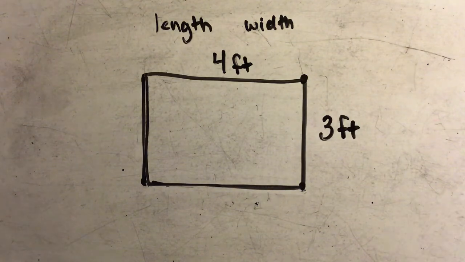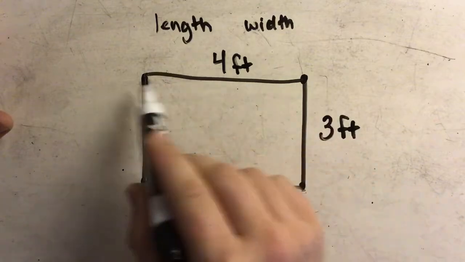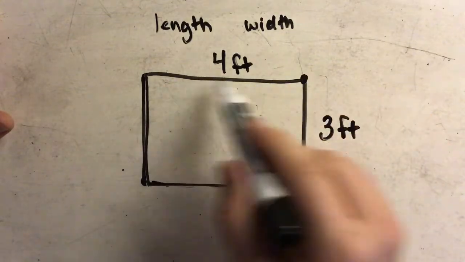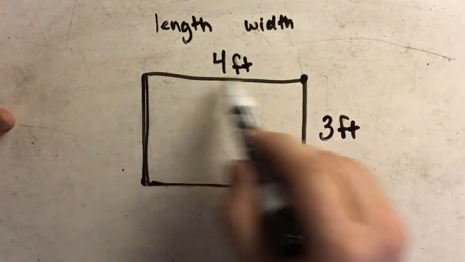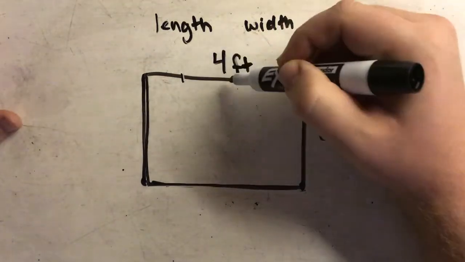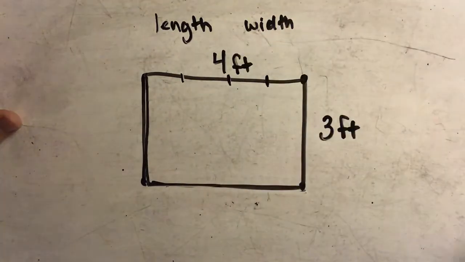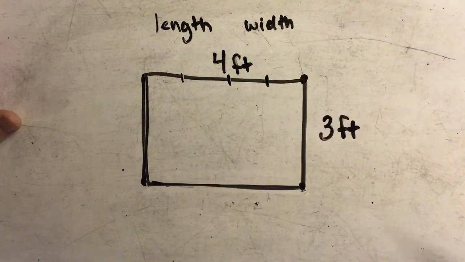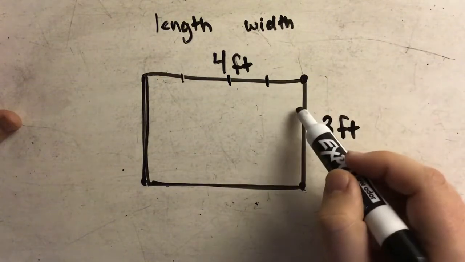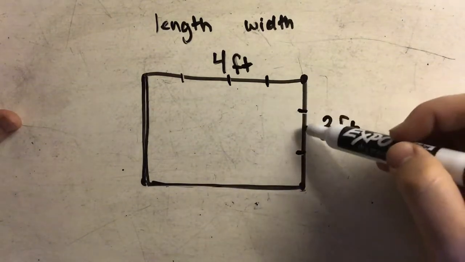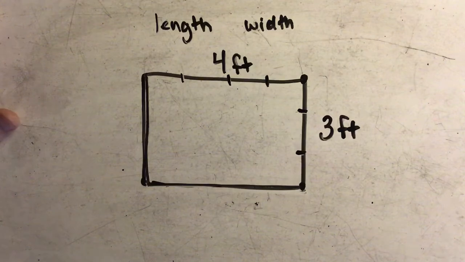And one way that we could calculate the area of this rectangle is to divide each of the length and the width up into 1 foot sections. So if this is 4 feet, I would divide it into 4 1-foot sections. And if this is 3 feet, I could divide this into 3 1-foot sections.